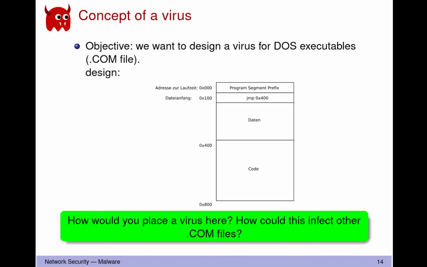So how would you place a virus in here that could infect other COM files? How would you modify this single file in order to make it? Where would you put the code that's self-replicating, that opens other files, that copies itself into them?